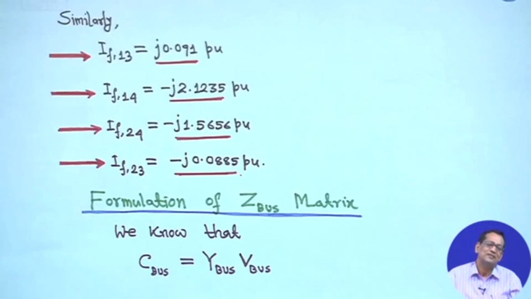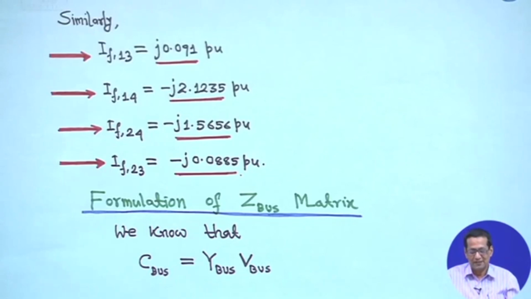For a large network, direct inverse may not be computationally suitable and may give errors. Some special techniques exist for inversion, but we will not discuss that. Our object now is the formulation of the Z bus matrix.